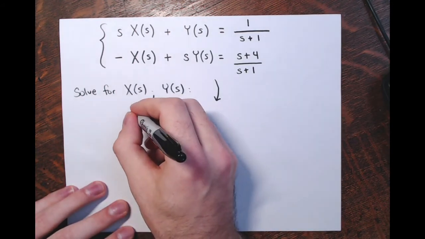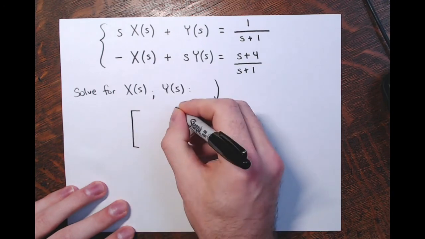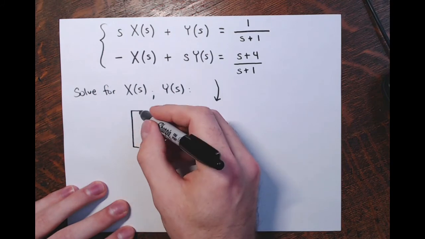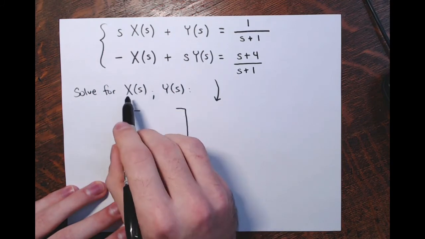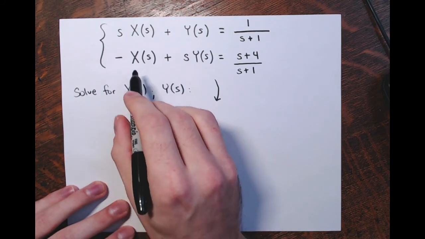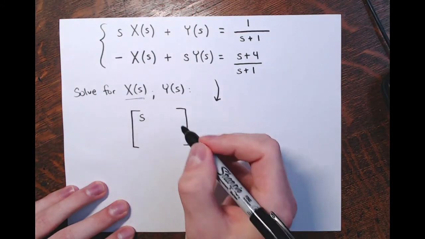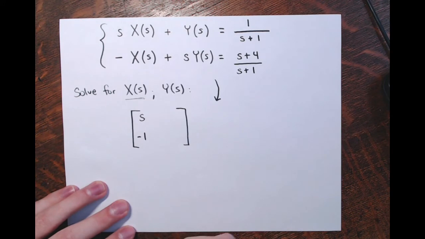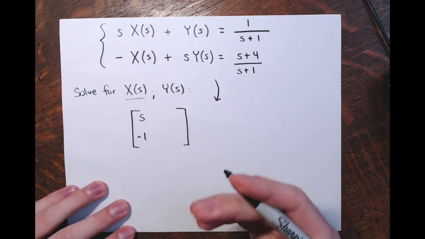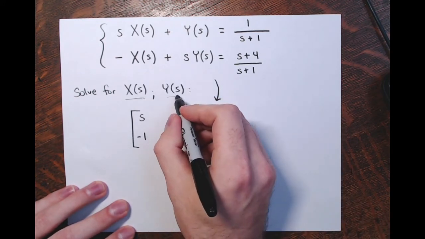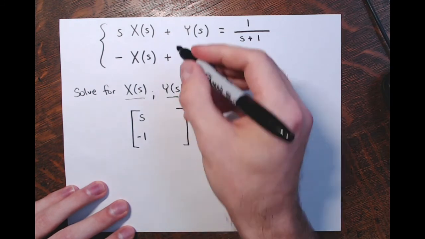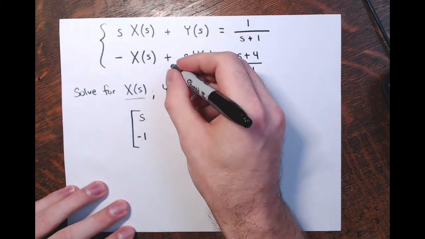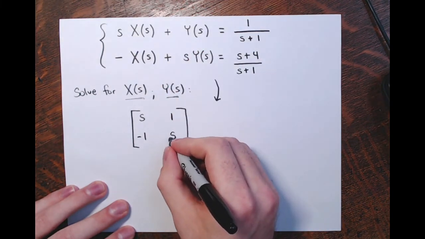You can write it as a matrix equation, where you have your coefficient matrix, which down the first column has the coefficients of this x function. So we have s, and then -1. And then down the second column, the coefficients of this y function, y of s. So we have +1 up here times y of s, and then positive s down here times y of s.